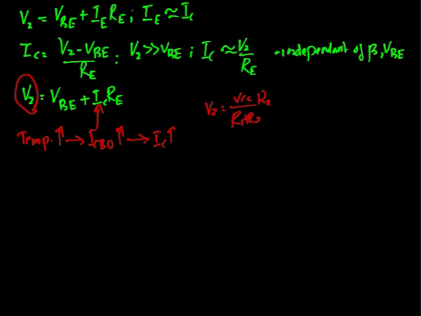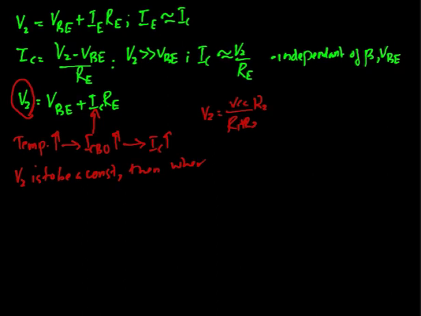So if V2 is constant, then when IC increases, VBE has to decrease to maintain V2 constant according to this equation.